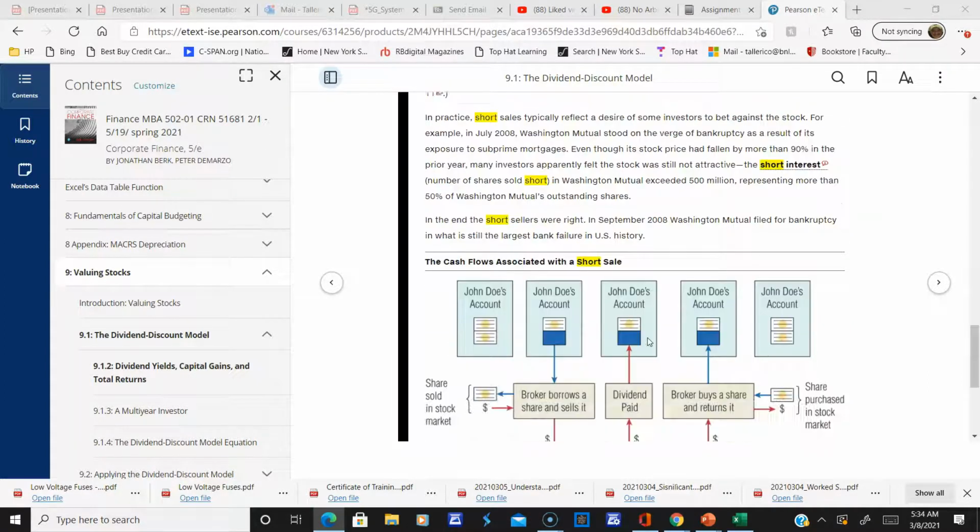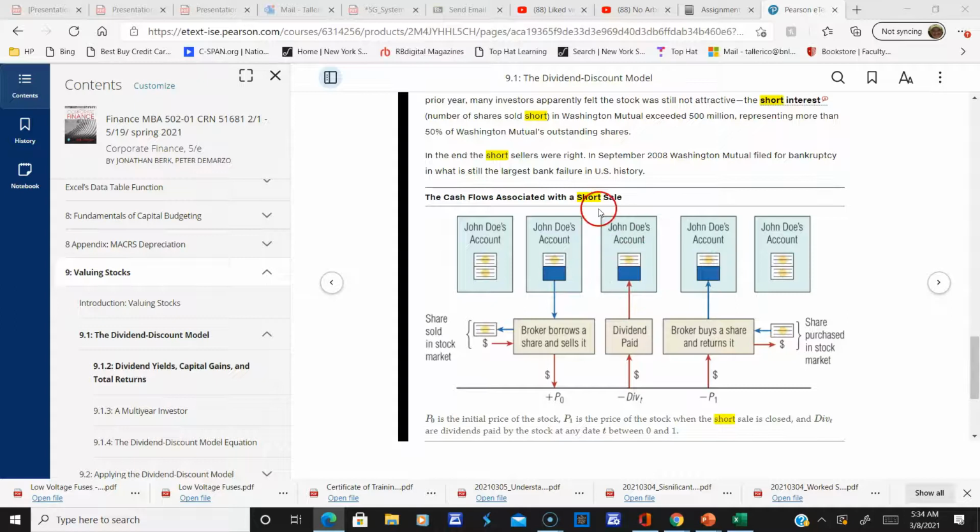Okay, so here are the cash flows associated with a short sale. So you can see that. Here are the steps. Here's John Doe's account, right?